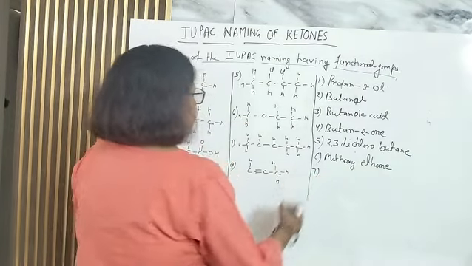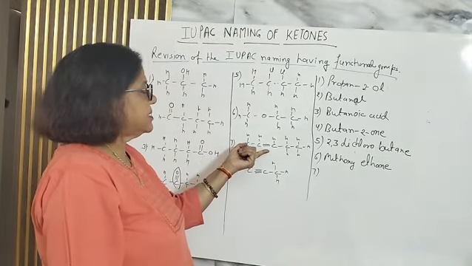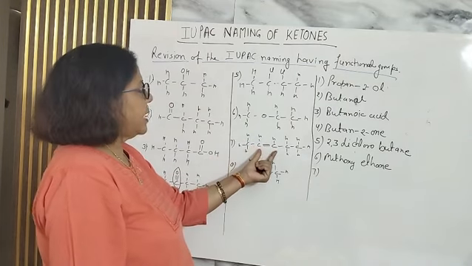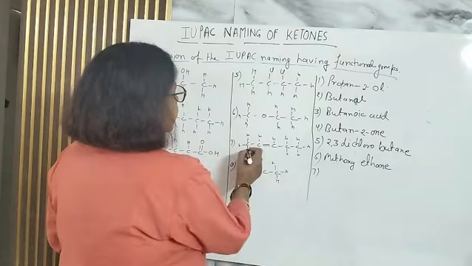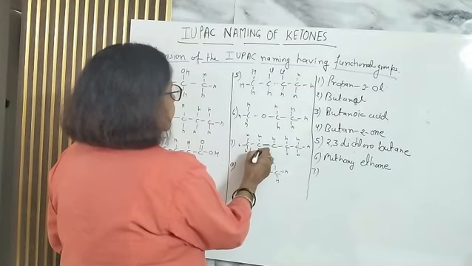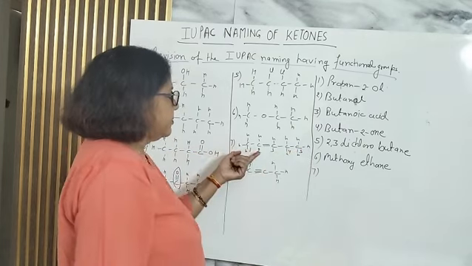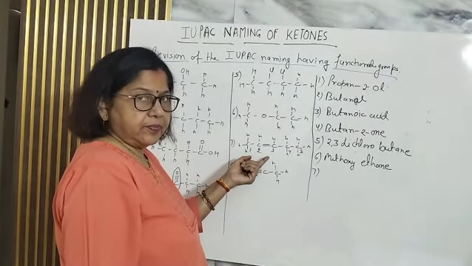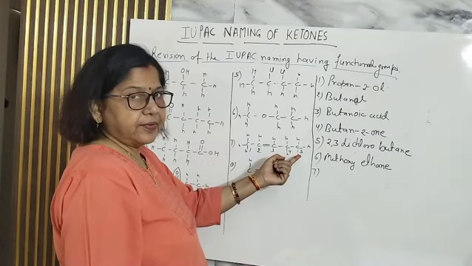The next is the seventh one. Here is a double bond, right? We will count the carbon chain in such a way that these two carbon atoms get the least number. So obviously we will go from left to right. 1, 2, 3, 4 and 5. Between the second and third carbon atoms, right? So how many carbons could we count? 5.